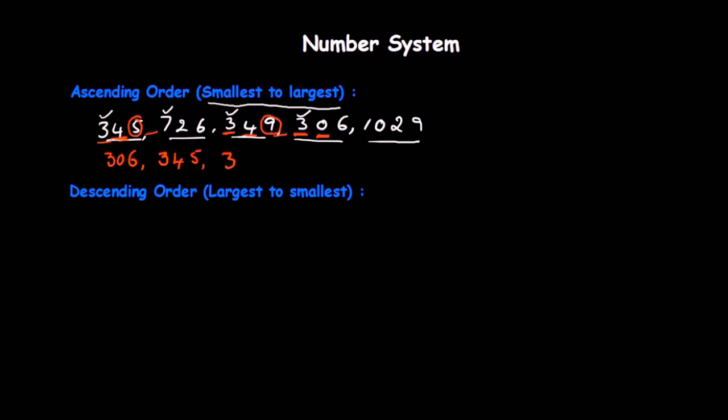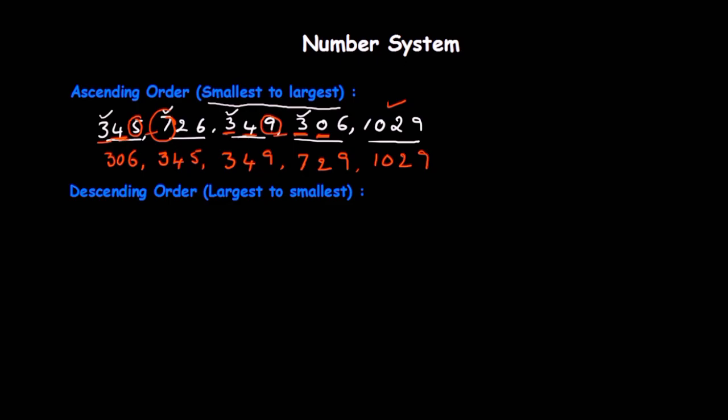After this, in the hundreds place we have 7 as the next largest, so we write 726. The remaining one is only 1029, whose 1 belongs to the thousands place, so we take 1029 next. This is ascending order.